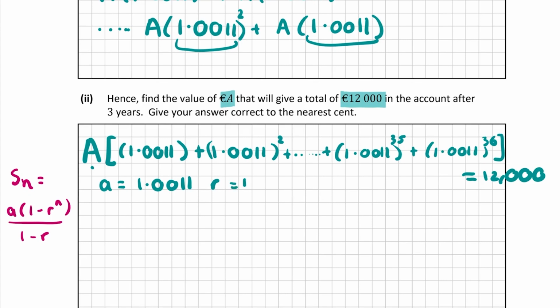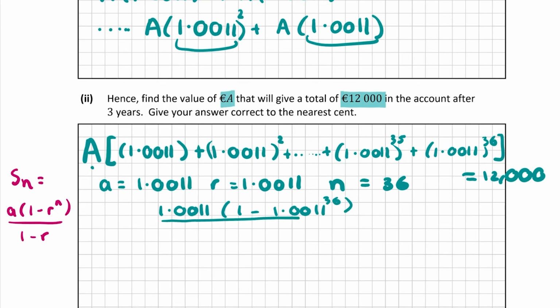So that is, again, 1.0011, and n is the number of terms, which is 36. So let's find the sum of that. So it's 1.0011 by 1 minus 1.0011 to the power of 36, all over 1 minus 1.0011. So A by that equals 12,000.